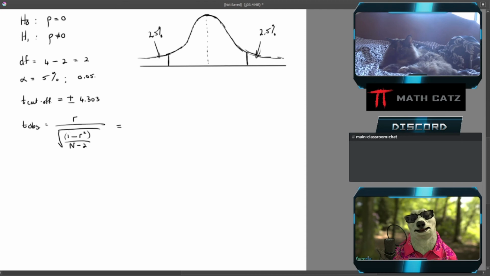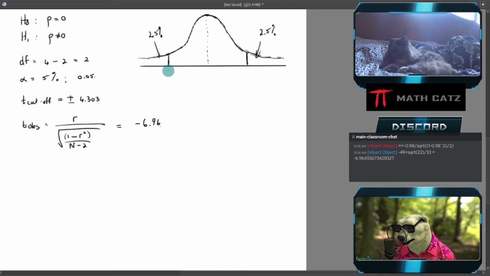Then still inside the square root, I divide by n minus 2. Now n is 4, so that'll just be a 2. And we get negative 6.96.